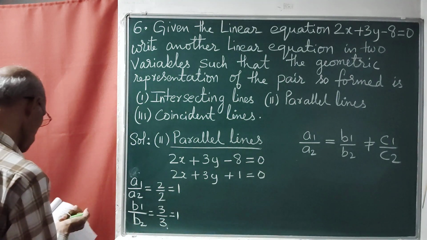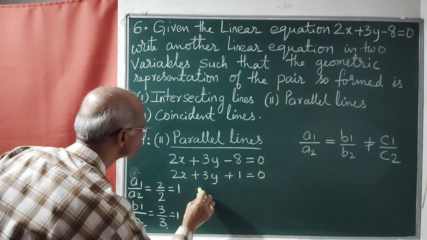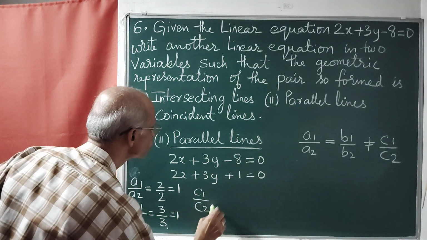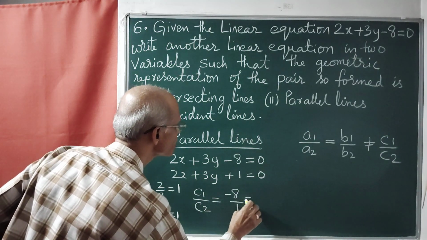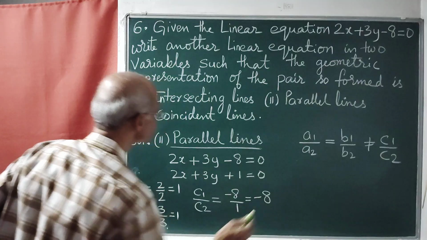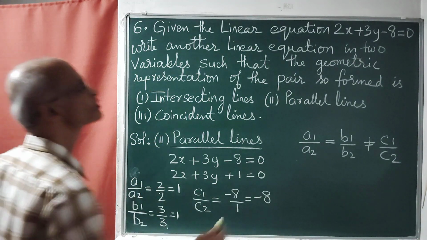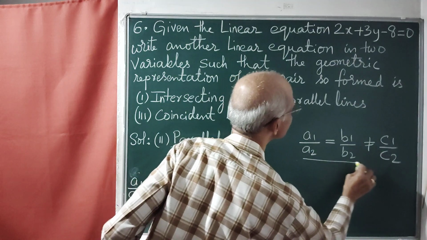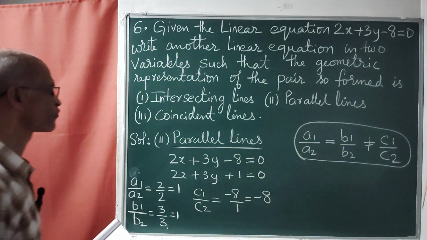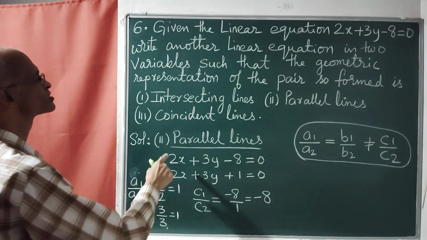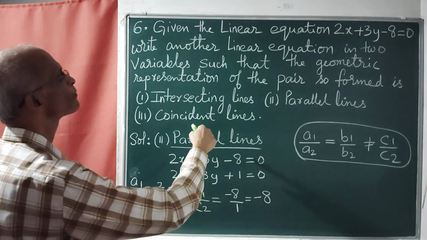C1 by C2 will be equal to minus 8 by 1, that is nothing but minus 8. So now when we compare these ratios, we satisfy this case. Therefore, the lines representing the equations are parallel.